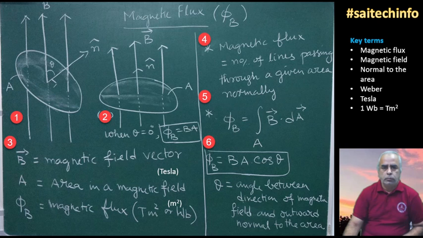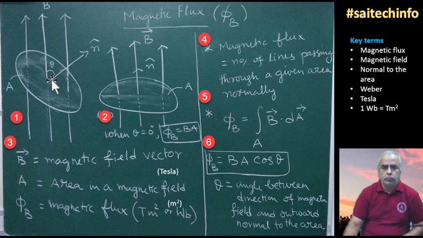So that is called theta. Whereas here the magnetic lines are passing along the n cap. It means theta is equal to 0. That makes the difference between these two diagrams, 1 and 2. In the first diagram, there is some angle theta between n cap and the direction of the magnetic field lines, that is B vector.